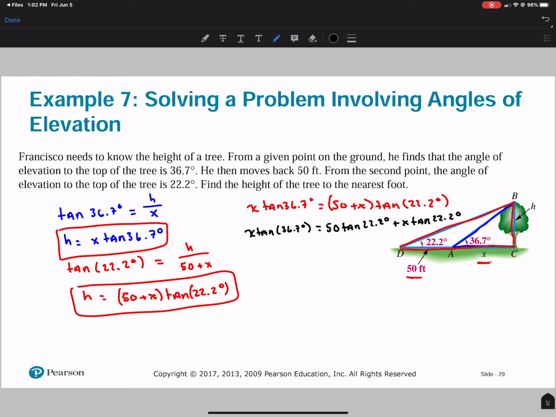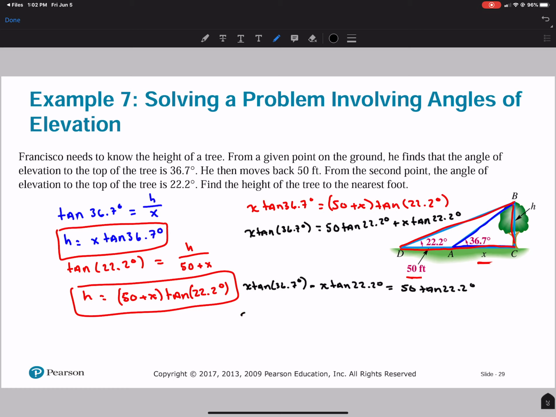And let me go ahead and fix this real quick. That's just a 2. All right? So now I'm going to put all the x terms on the same side. So I'm going to have x tangent of 36.7 degrees minus x tangent of 22.2 degrees is equal to 50 times the tangent of 22.2 degrees.